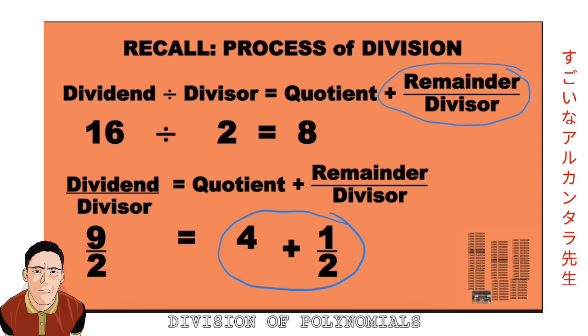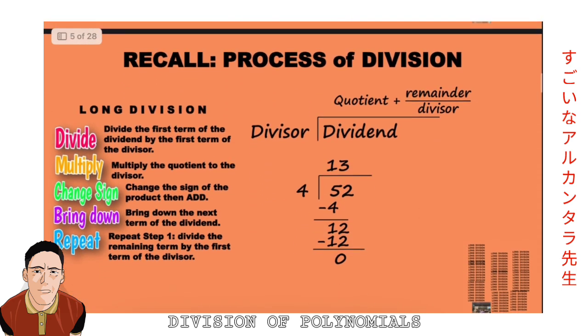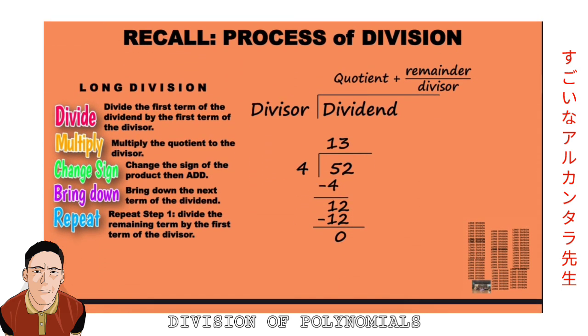Let's now go to how this will look for long division. For example here, you have 52 divided by 4. So 52 is the dividend. It's the one that's going to be inside the symbol, and the divisor will be the one outside, which is 4. First we start by dividing 5 by 4.